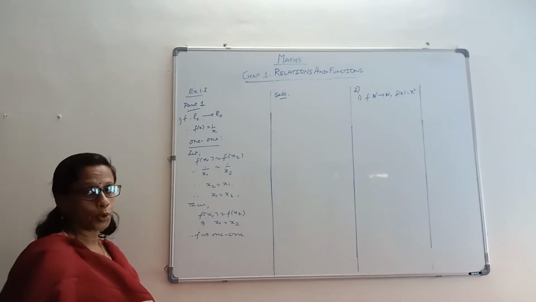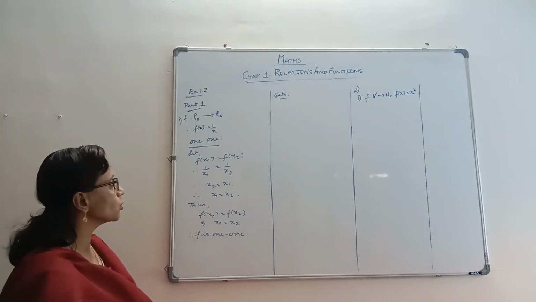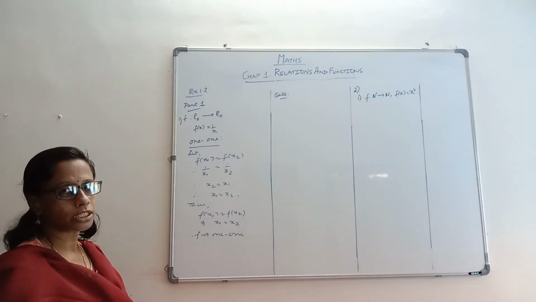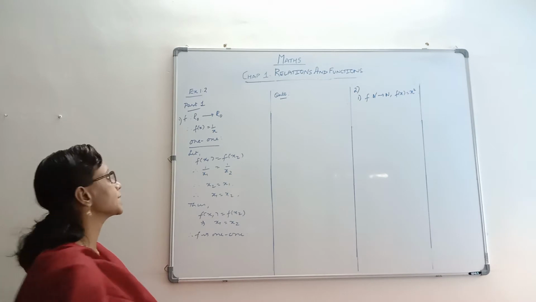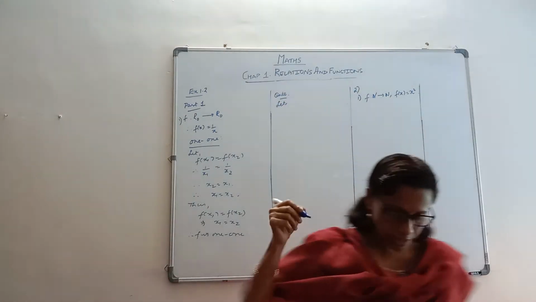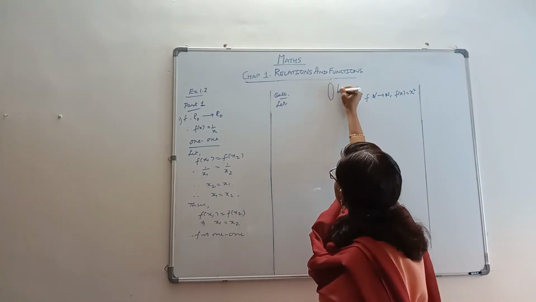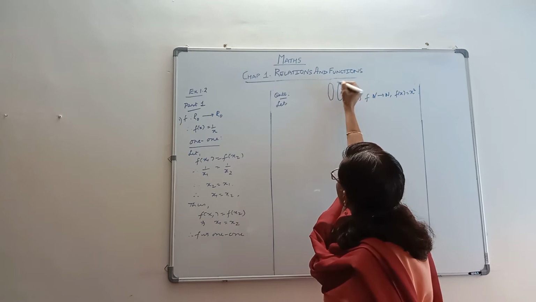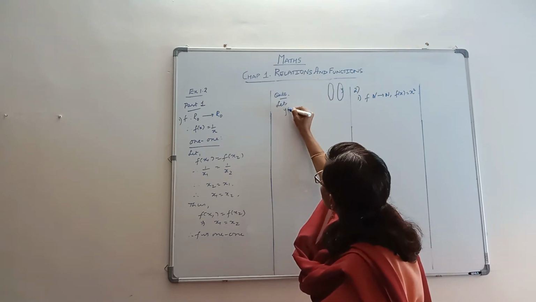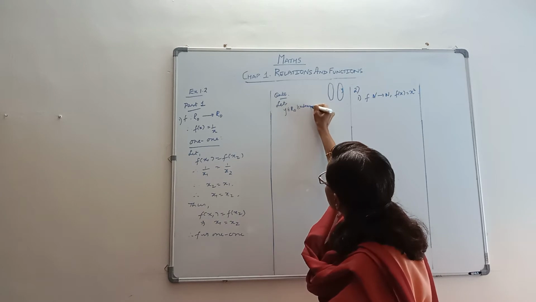Now we'll go to the onto part to show how it is onto. In order to show that it is onto, we'll start with an element in the codomain set. Let y belong to the codomain set. We are starting with a y in the codomain. Let y belong to R0, which is the codomain, because both are the same set.